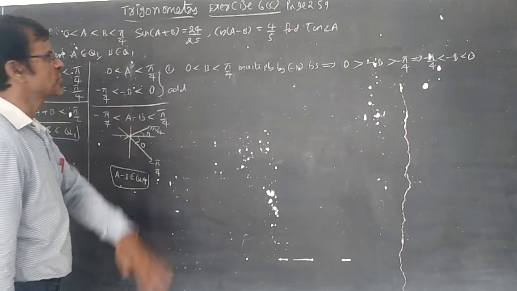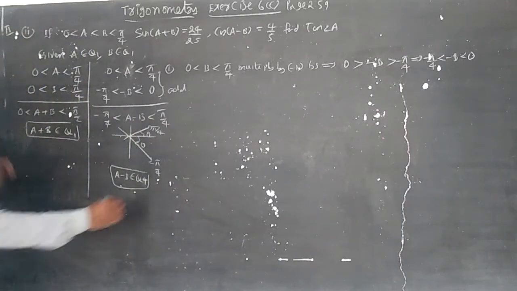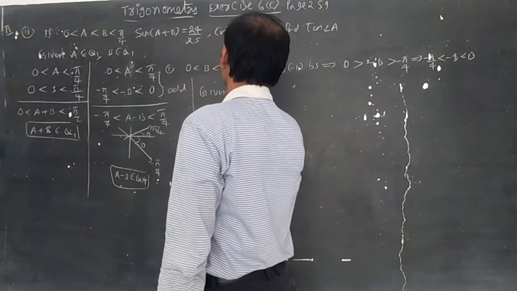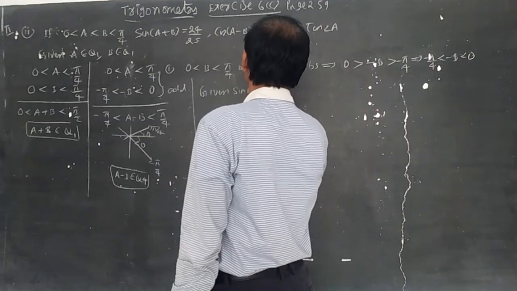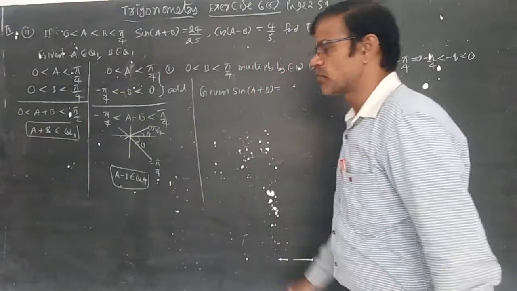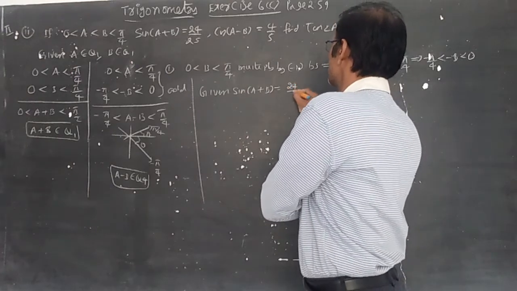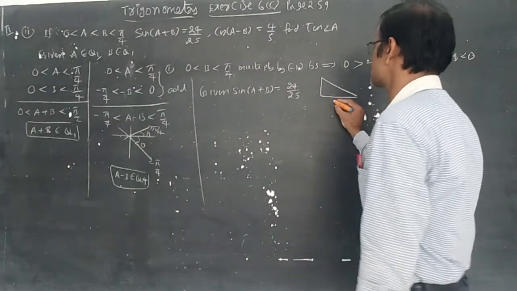Now we need tan 2A. Let us discuss tan. Given sin of A plus B is equal to 24 by 25. Draw a right angle triangle like this.